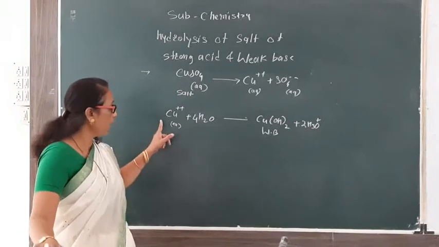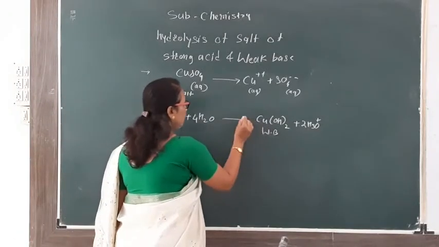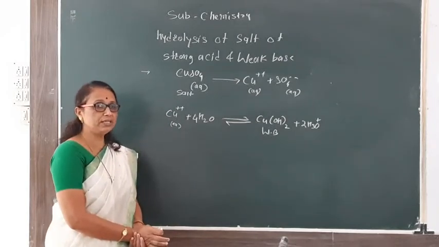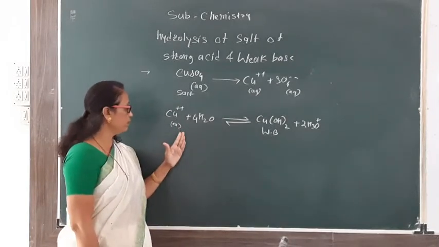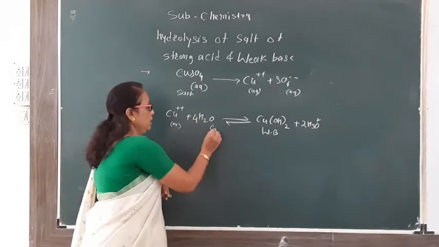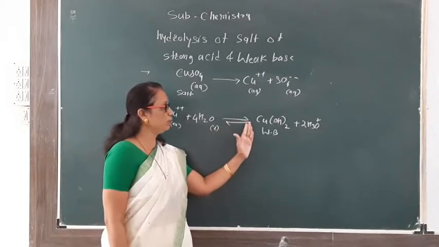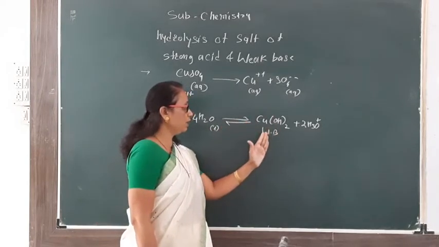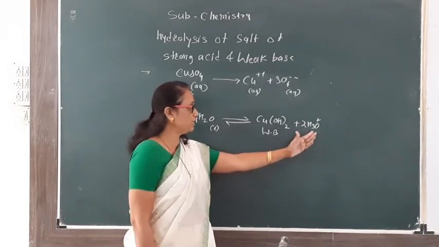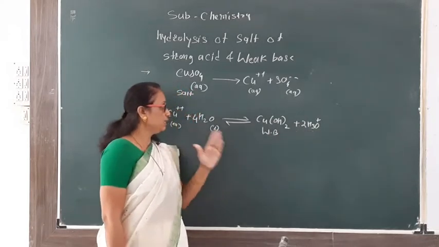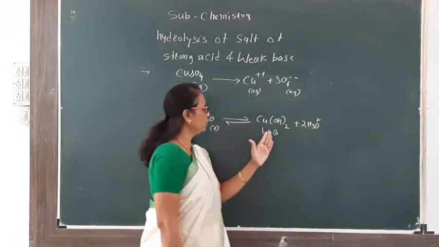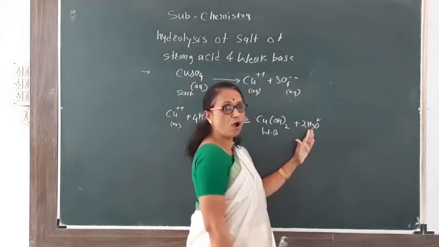It is Cu, and as this is a weak base, this is reversible, which is called the hydrolytic equilibrium. At equilibrium state, Cu++ ions combine with the water, liquid water. There is a formation of the copper hydroxide, which is a weak base, and there are H3O+ ions in the solution. Means in the solution there are Cu++ ions, water molecules, copper hydroxide, and H3O+ ions.